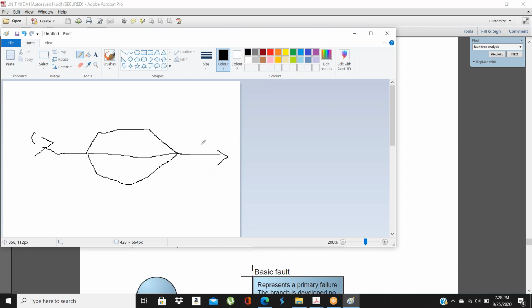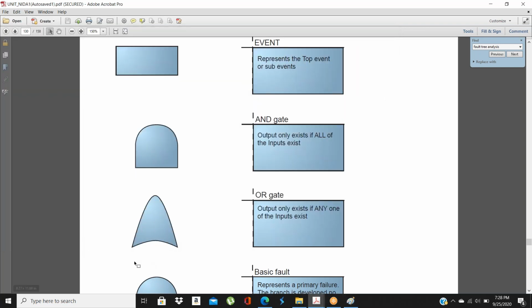Now let's suppose the current is failing, no current. What will happen if this circuit is broken, this circuit is broken, and this circuit is broken? Then there will be no current. Same like here, if this one happens, this one happens, and this one happens, then the output will happen.